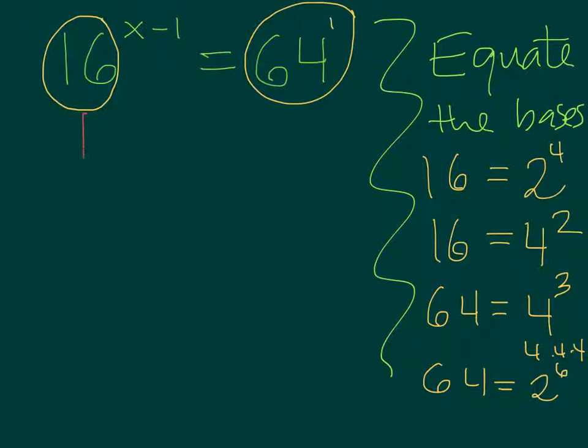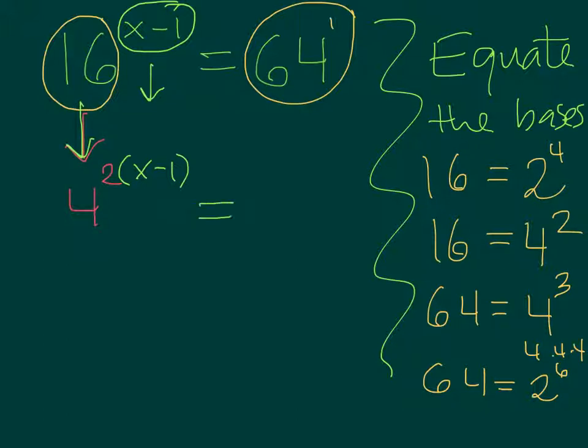So 16, I'm going to rewrite as 4 squared. But I also have the exponent here, x minus 1, so I'm going to bring down that exponent. The only thing I did was rewrite 16 as 4 squared.